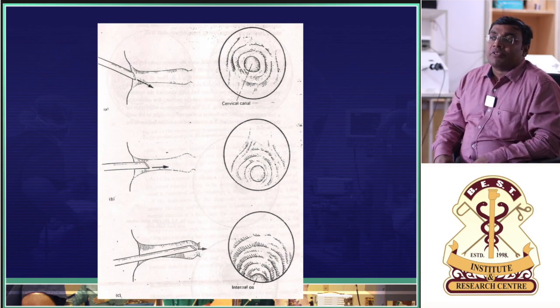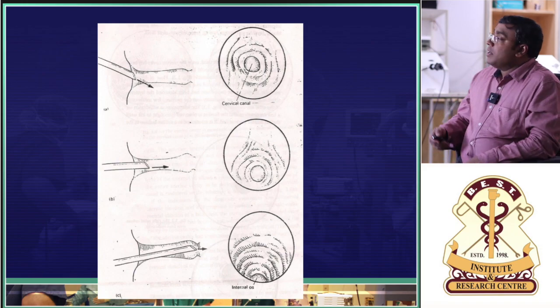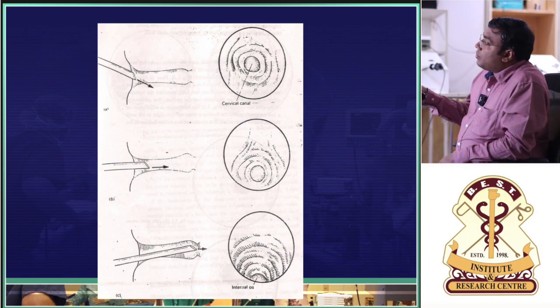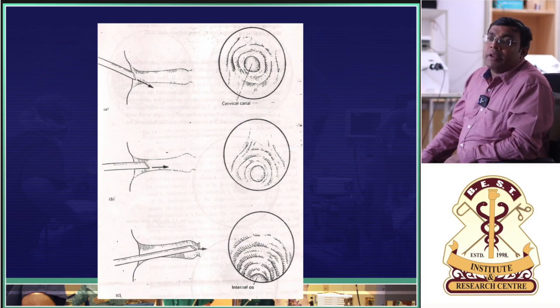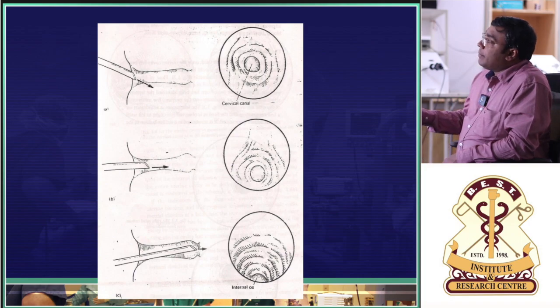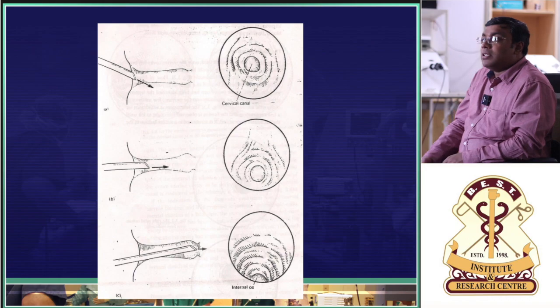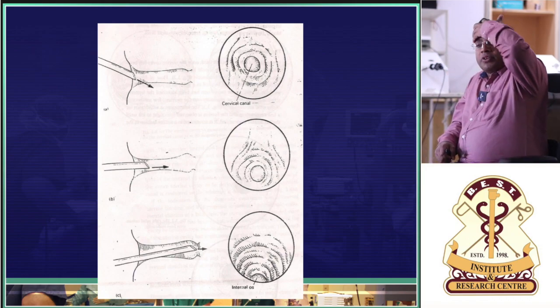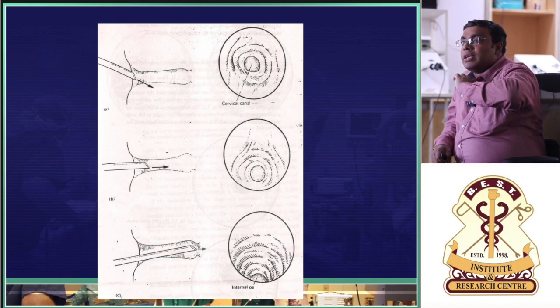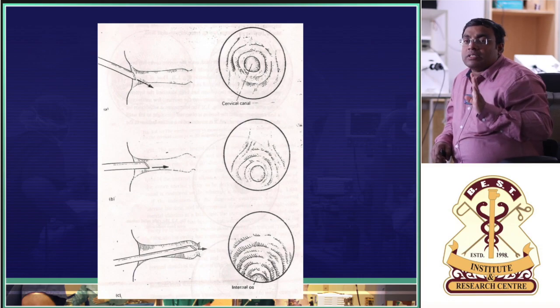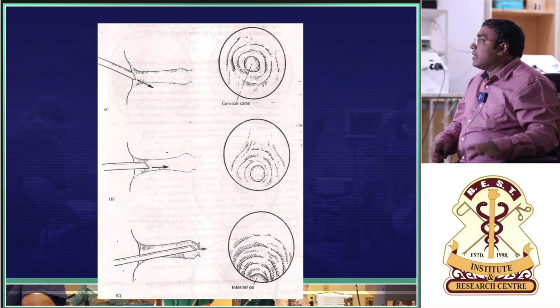You will go and perforate the posterior wall of the cervix. So always keep the opening of the cervical canal at 6 o'clock position. So light cable at 6 o'clock position and the cervical canal at 6 o'clock position, the chances of you perforating the uterus, or the cervix, is very, very unlikely.